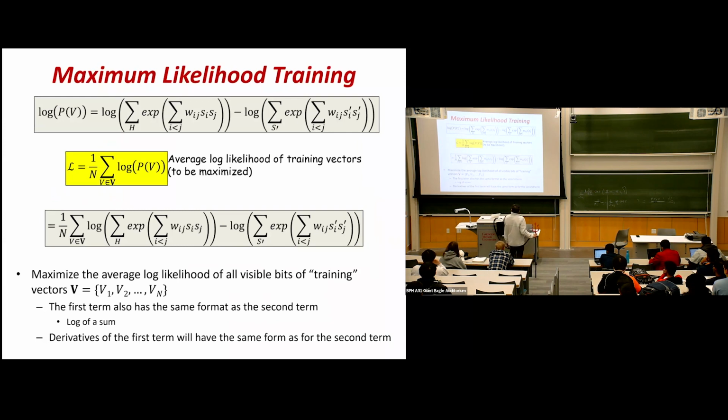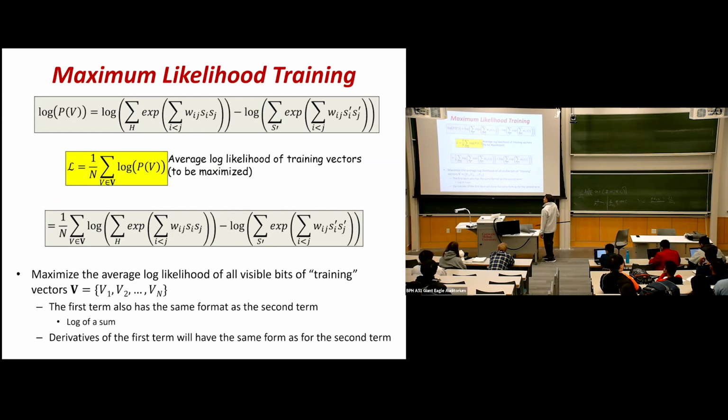And then once again, when I want to perform the maximum likelihood training, I'm going to be trying to maximize the average log likelihood of the data that I've been given, my training data, which is basically the average log likelihood of the visible patterns, the patterns of visible units that I have been given as part of the training data.